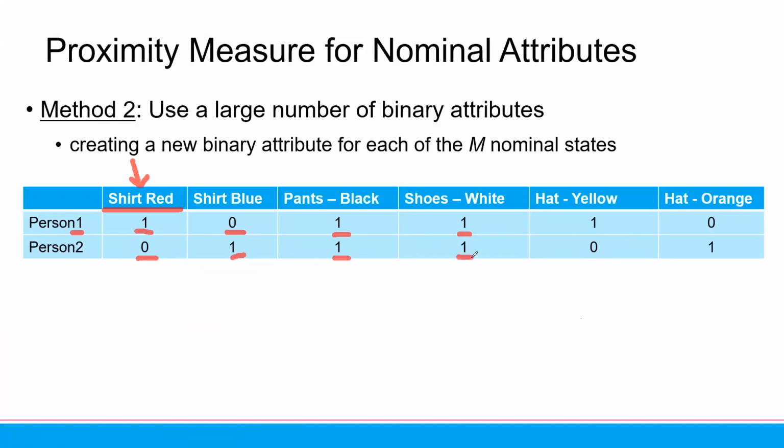Both subjects have the same white shoes, but the hat of person 1 is yellow and person 2's is orange. So using this kind of binary values, we can also measure the distance. Let's say this distance is 1, this distance is 1, this is 0, 0, this one is 1, and this one is 1.